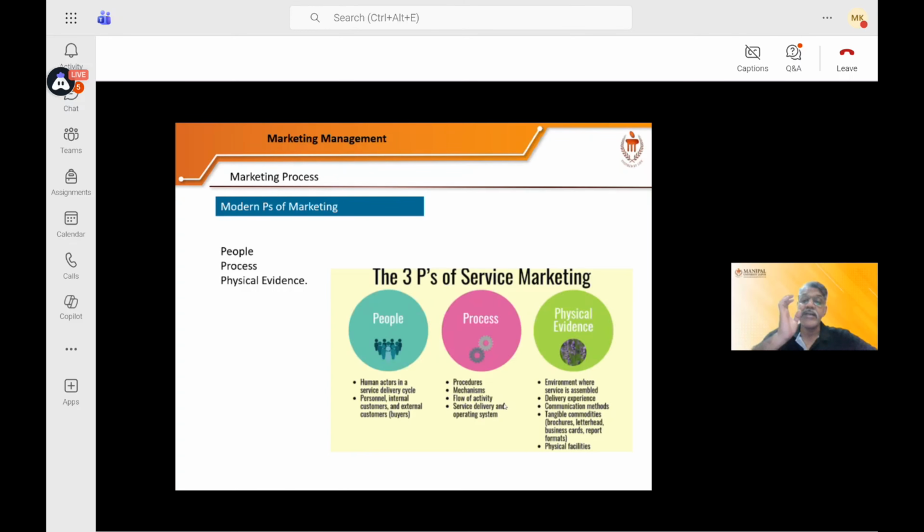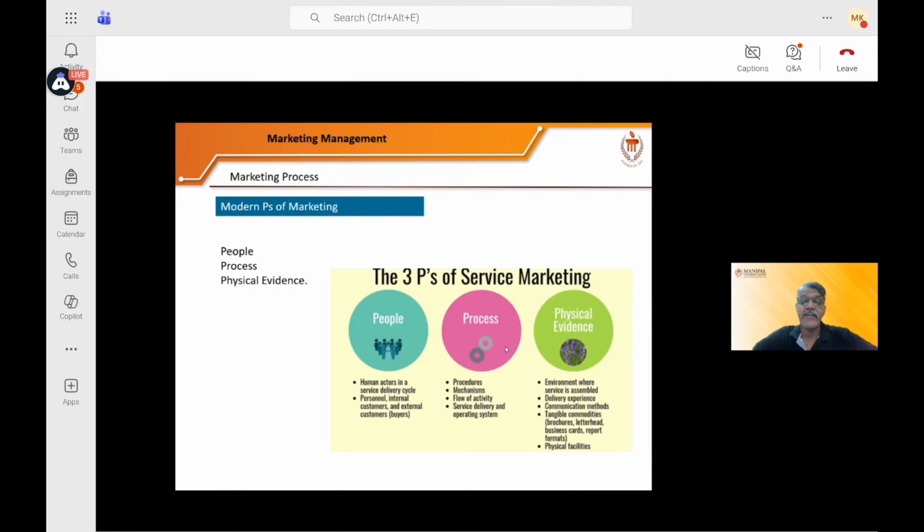Process: how is this product manufactured? How is this product produced in the market? We see all ingredients, we see what all things are included in it. For example, if it's a mobile, we see what are the features of the mobile. That is a process we see, right? Physical evidence.